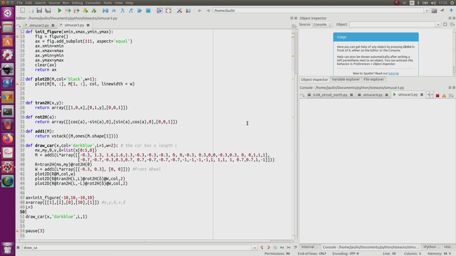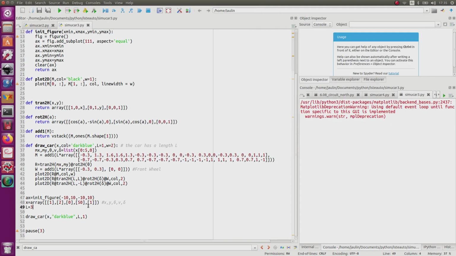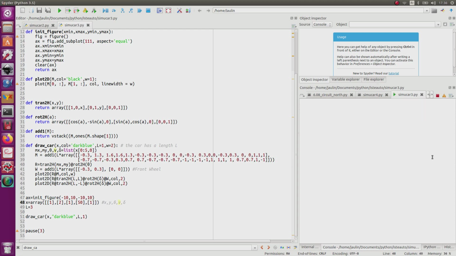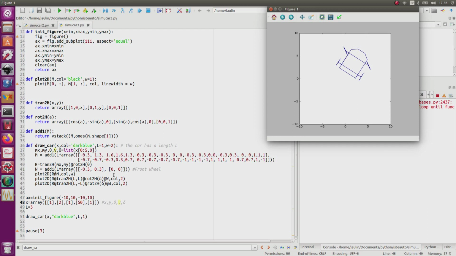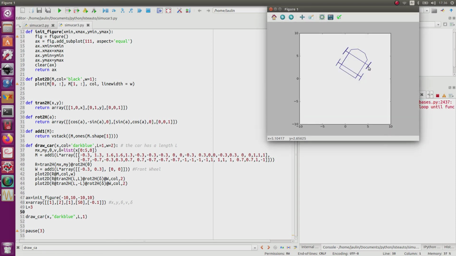I run the program, and we see that the wheel turns left. If I want to change the heading, for instance, to 1, then I will see that the car has rotated like this. If I want my wheel to turn right, just a little, I will put here minus 0.1. Let us see what it means. We see that we turn a little to the right.